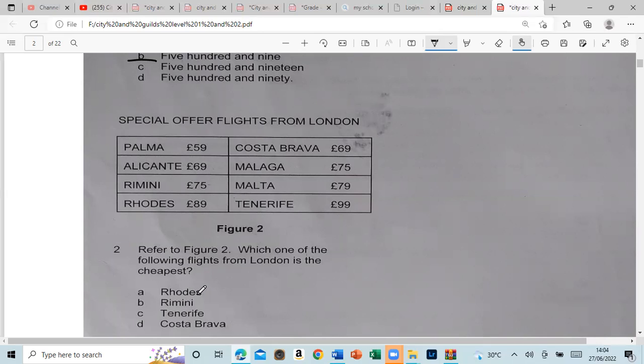Roads are $89. Remini are 75. It's a 99. And Costa is 69. So that would be D, 69.